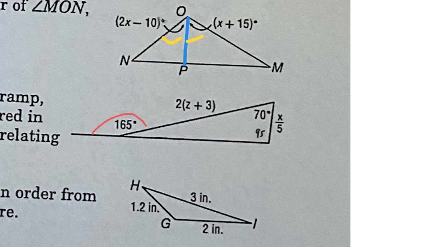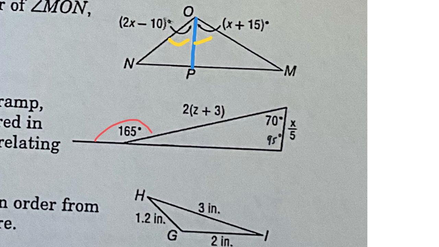So this is 95. Now, if that's 95, we can find this by recognizing that this angle is a linear pair with the 165. So 165 plus whatever this angle is would be 180. So I think we all can see that that angle right there is 15 degrees.